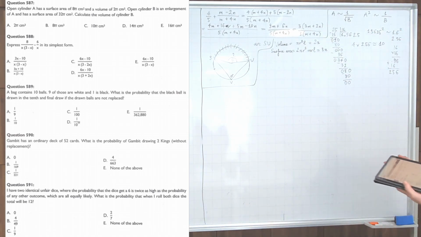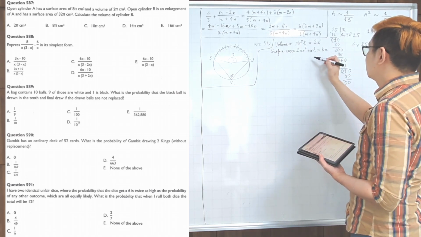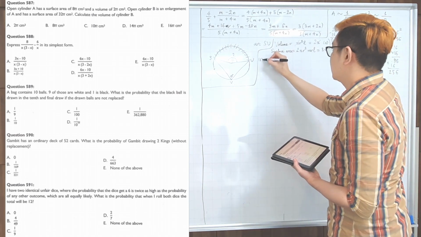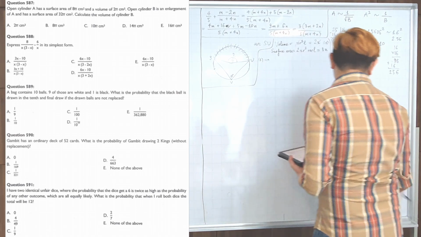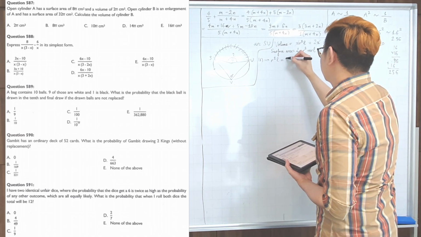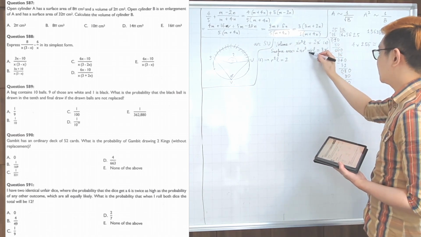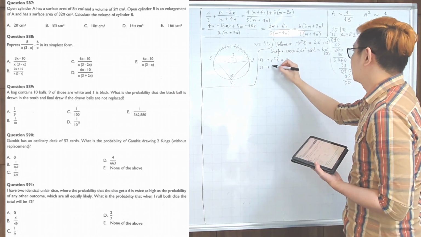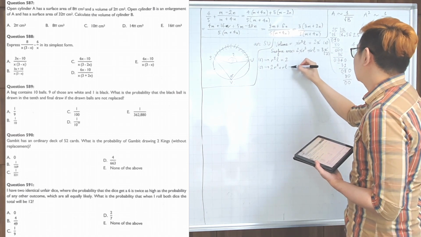Okay. So from number 1 you can see that r squared l equals 2, and from number 2 you can say that 2r squared plus rl equals 8.